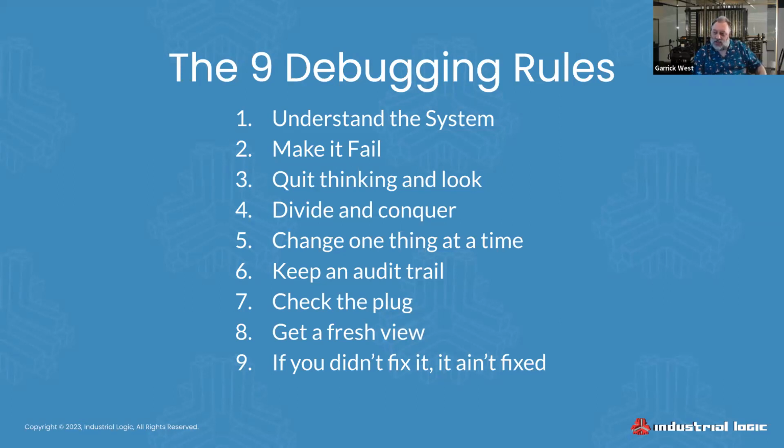But changing number 8 to something like get a fresh view, but don't contribute bias, possibly. That is important enough to be called out as a modification of rule number 8. That's awesome. Thank you.